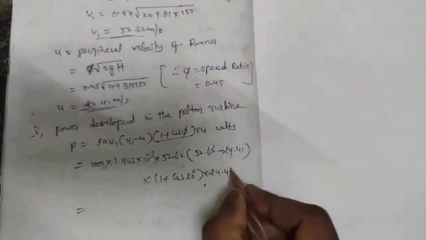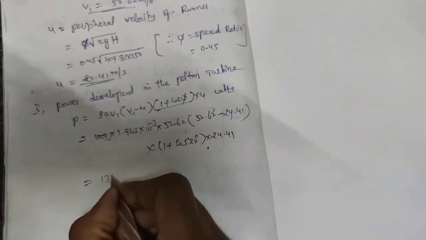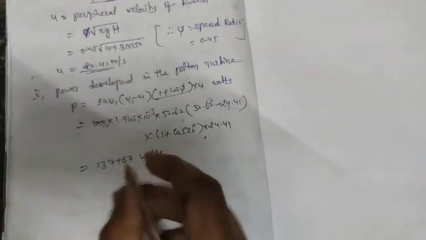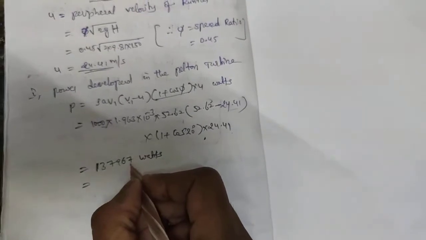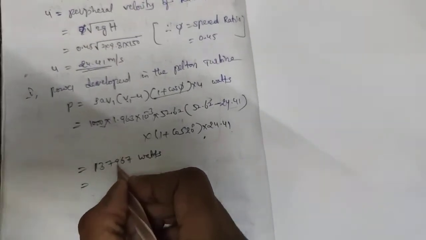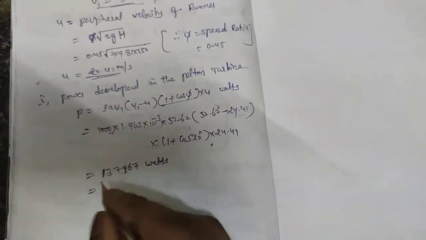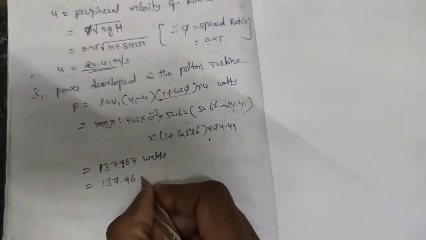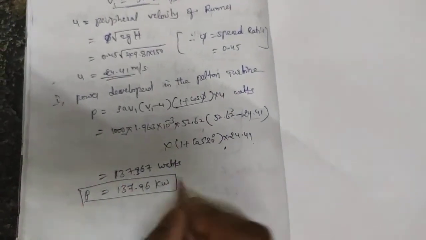By calculating this entire expression, we get 137967 watts approximately. Converting watts into kilowatts, kilo means 1000, so we put the decimal after 7: 137.96 kilowatts. This is the final answer.